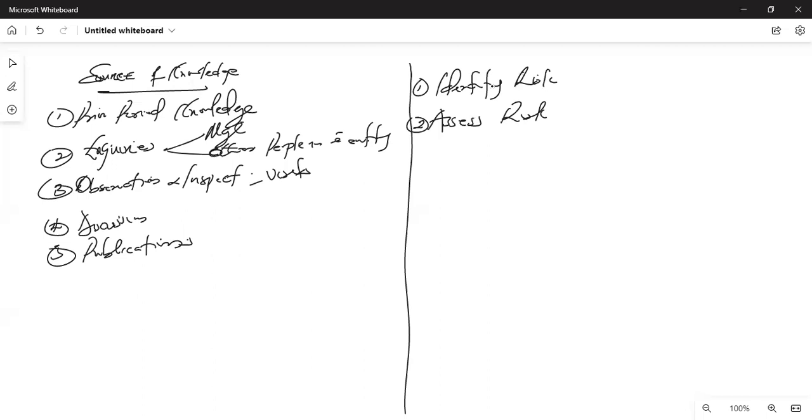All right? Whether the risks that you have identified are pervasive to the financial statement. What is the relationship? So here, in assessing the risk, we are saying, what is the relationship of the risk identified to the financial statement?